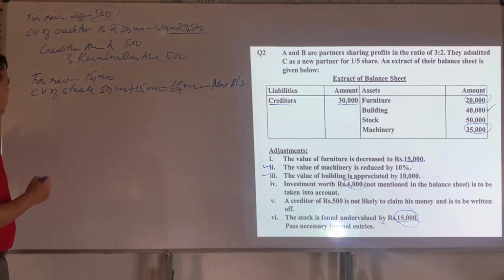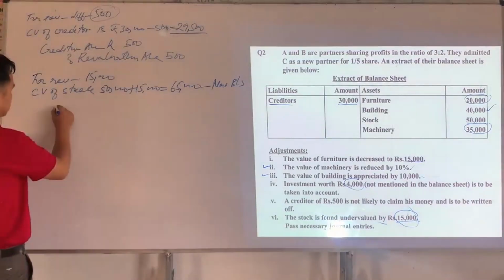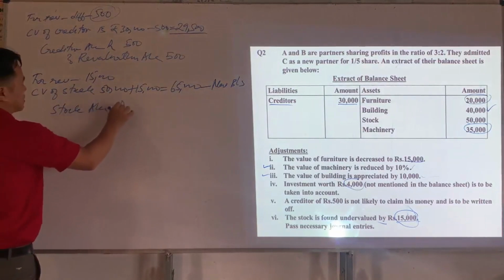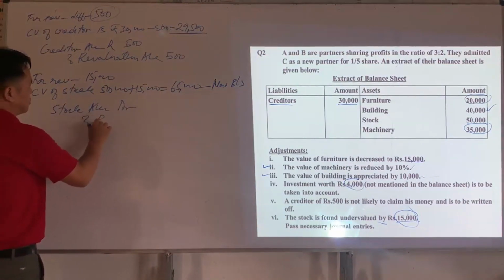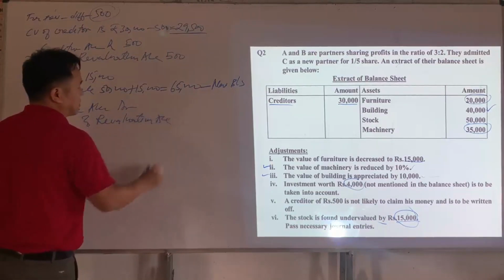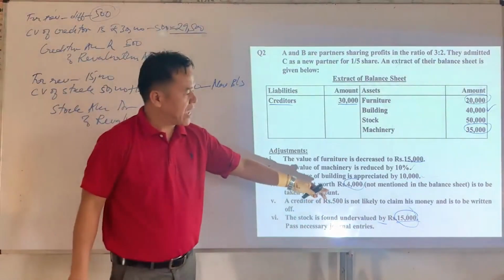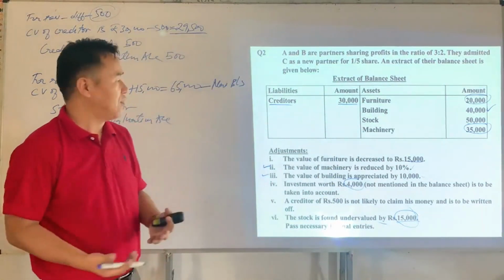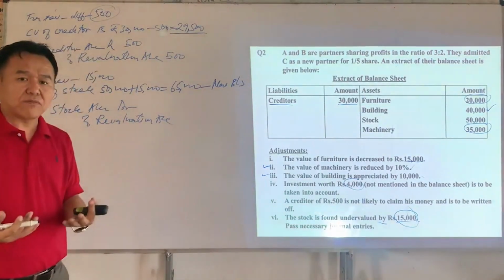So the journal entry is stock account DR to revaluation account. Since by mistake stock has been undervalued by rupees 15,000, now we have to increase the value of stock by rupees 15,000.